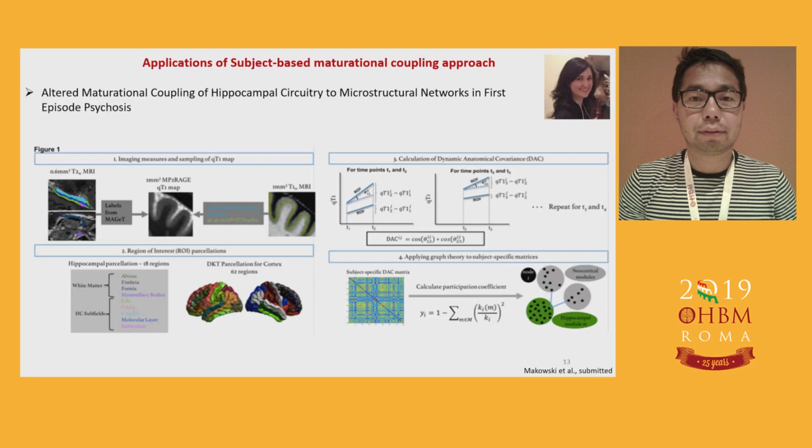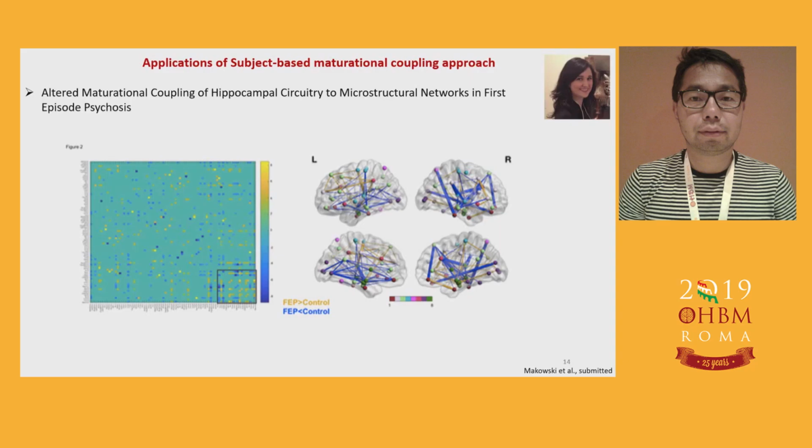So this is the maturational coupling matrix with the highlighted square from the hippocampal regions, and she used it for first episode psychosis subjects versus controls.